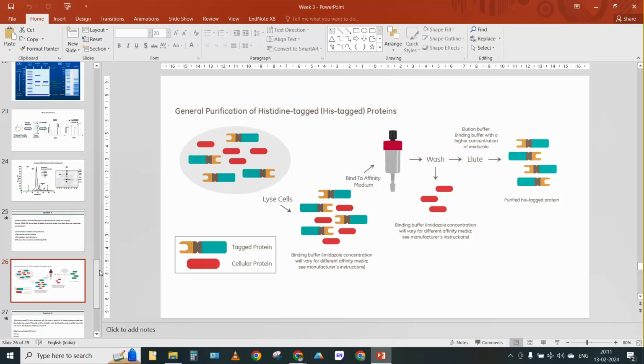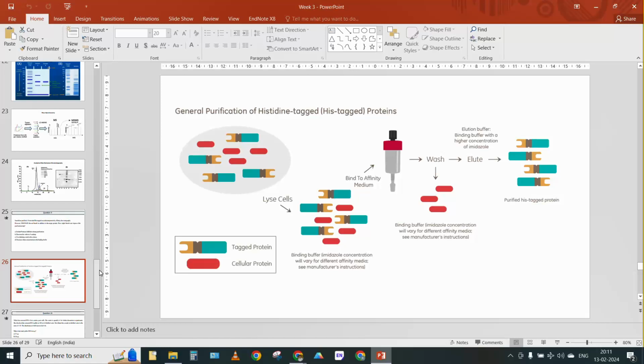First, he should have optimized the washing conditions during the affinity chromatography step. He should have increased the stringency of wash buffers by adjusting factors such as salt concentration, pH, or the type of detergents, which can help remove non-specifically bound contaminants.